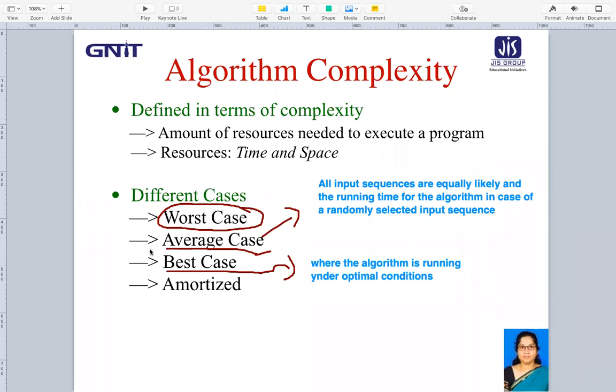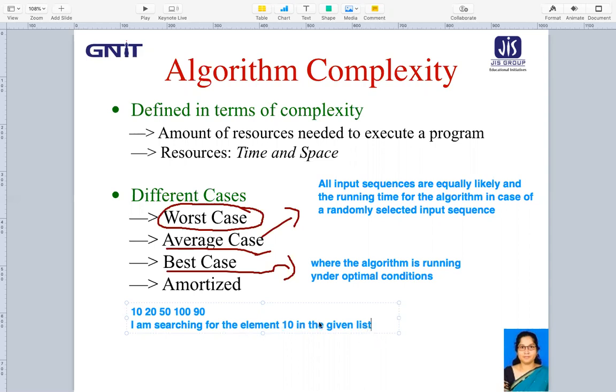Suppose I have a list of elements, something like 50, 100, some list, sorted or unsorted doesn't matter. And I am searching for the element 10 in the given list.